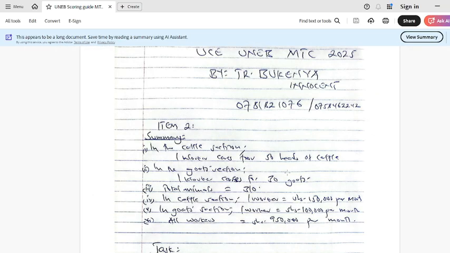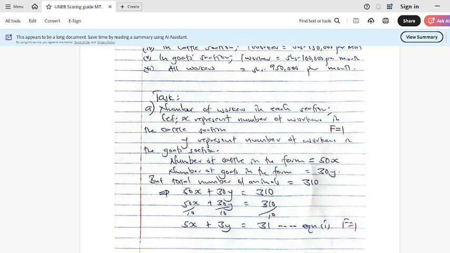Now remember, if one worker takes care of 50 heads and another worker takes care of 30 goats, and it's a total of 310 animals, that means if I get the number of heads of cattle multiplied by the number of workers, plus the goats multiplied by the number of workers, I'll come up with the total number of animals they take care of. That's why I said that task part A is the number of workers in each section.